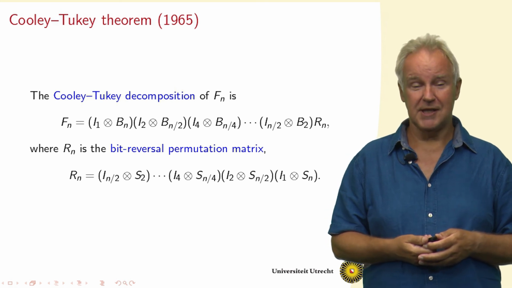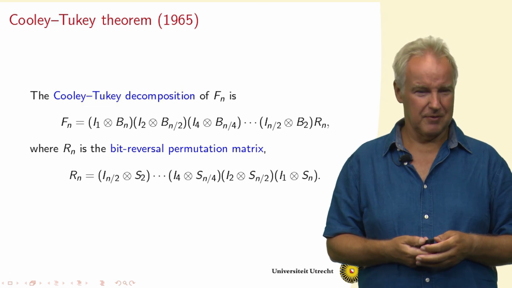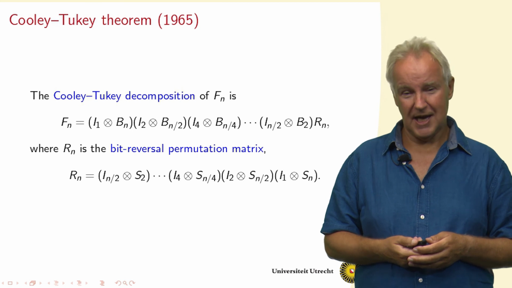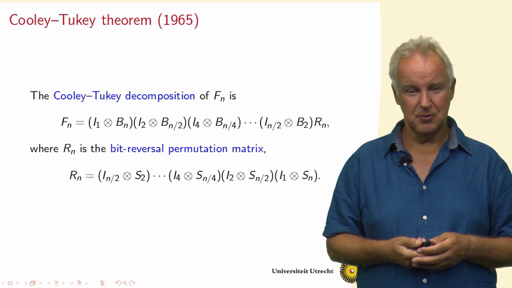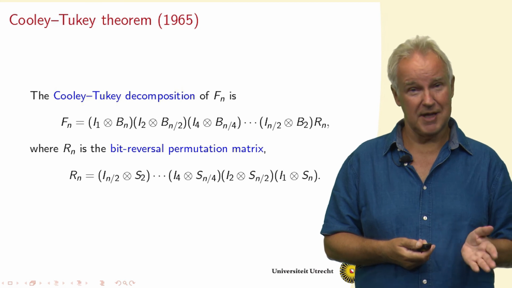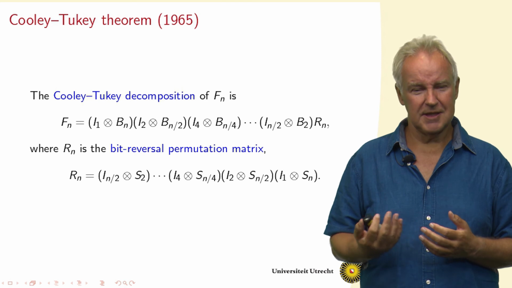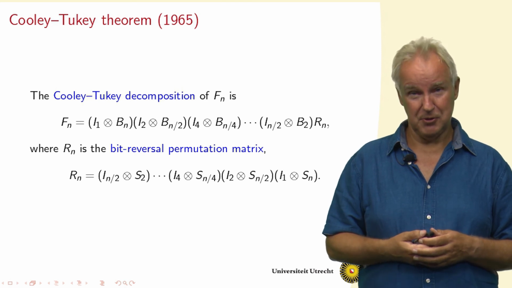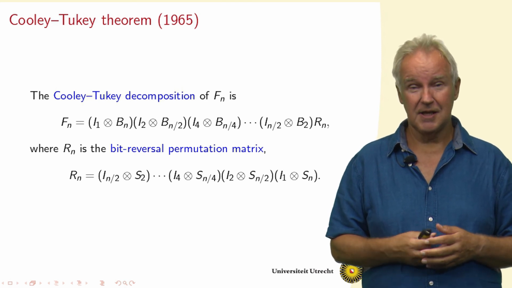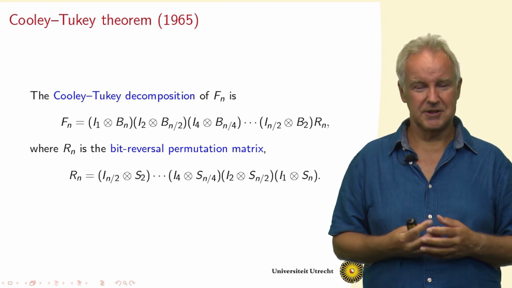So we have two parts. On the top you see all the butterfly matrices, from right to left, In over 2 times B2, In over 4 times B4, etc. And we end with I1 times Bn. And then there's also a permutation matrix Rn, which collects all the sort matrices.